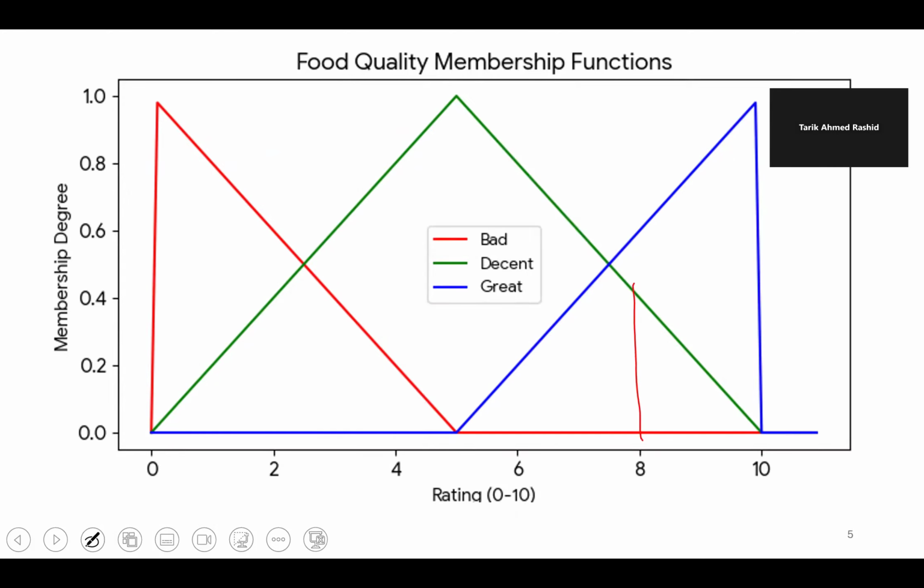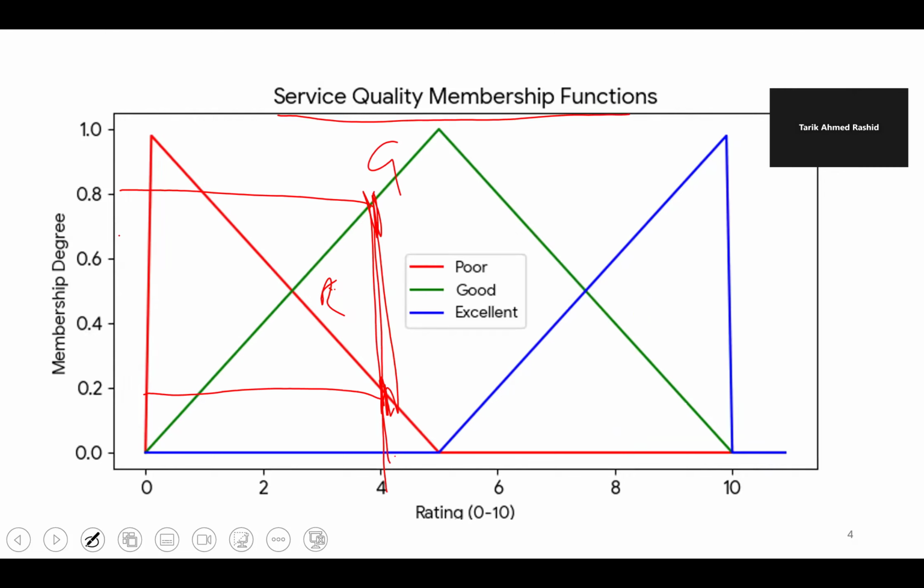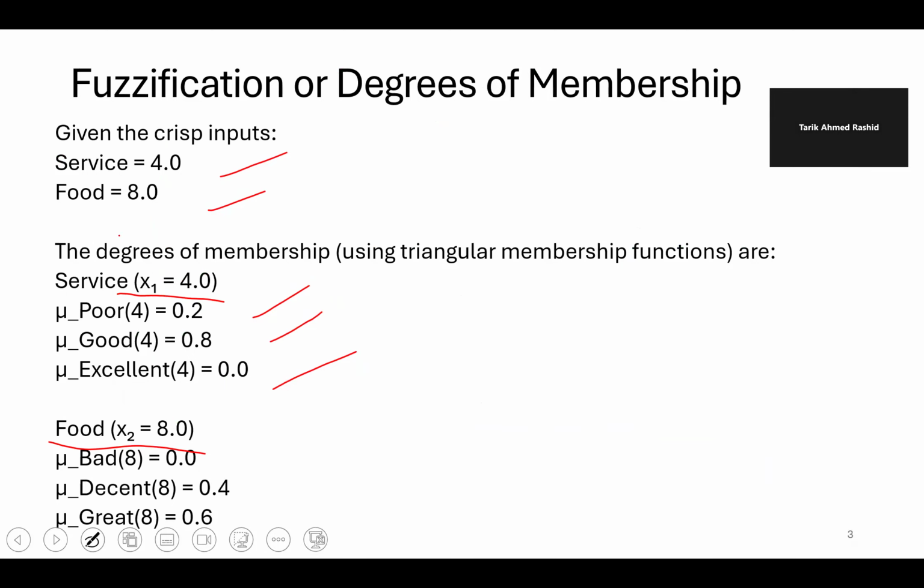I hit the green decent line and the blue line. I think that's 0.4 decent and 0.6 great membership.